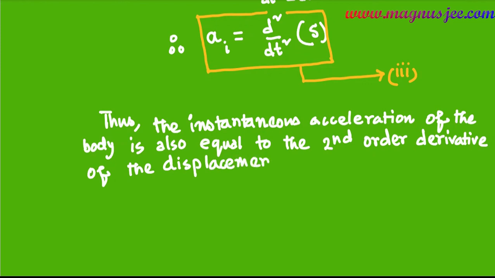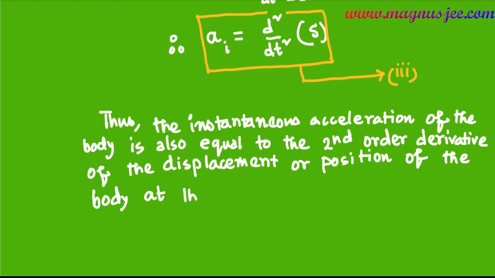Or the position, second order derivative of displacement or position of the body at the given instant. Here also you have to write at an instant. So we get the final definition of instantaneous acceleration.